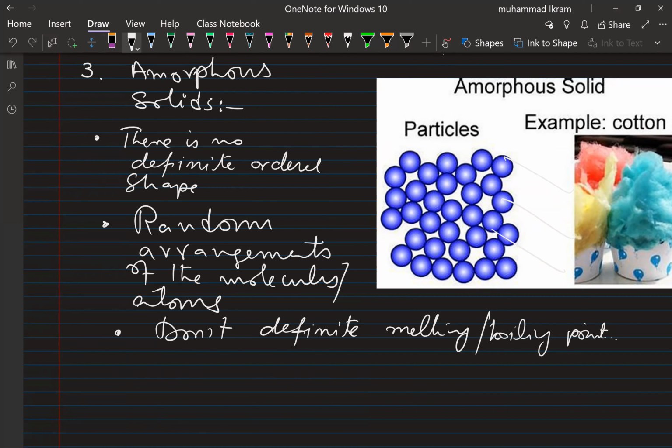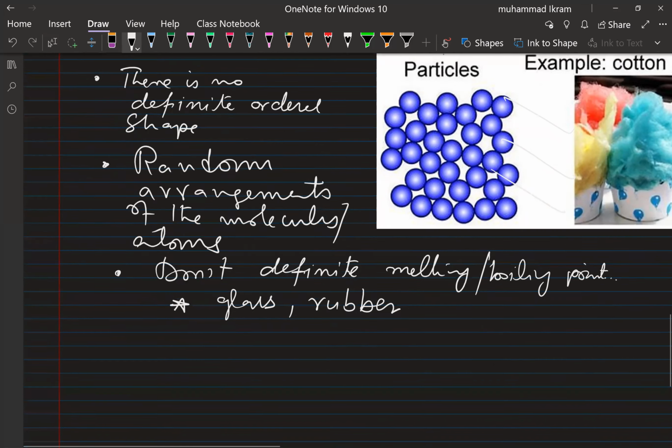The best examples of such amorphous solids are glass or rubber.